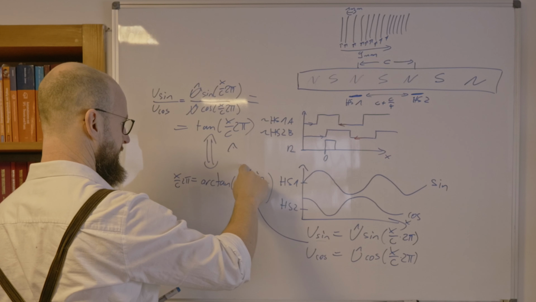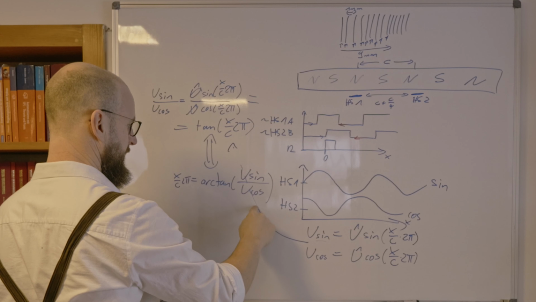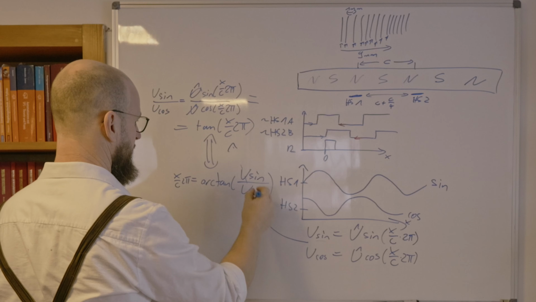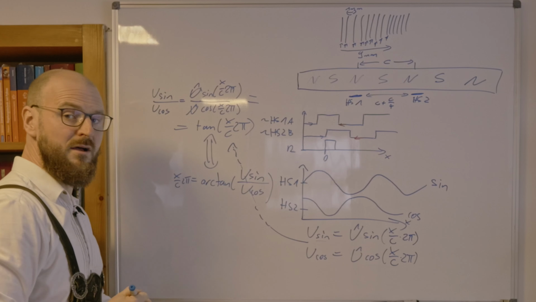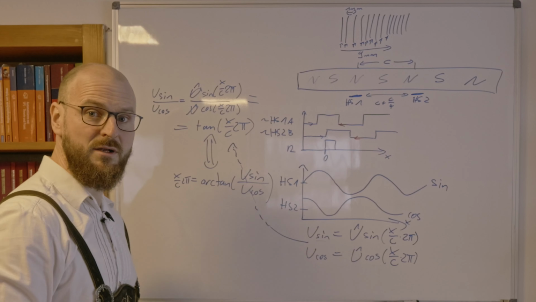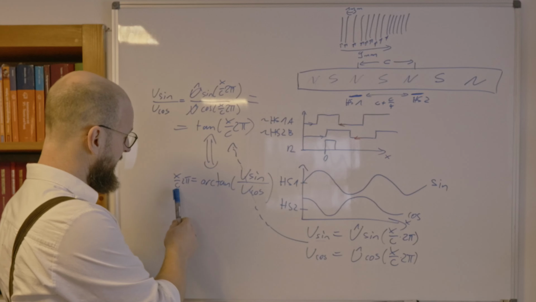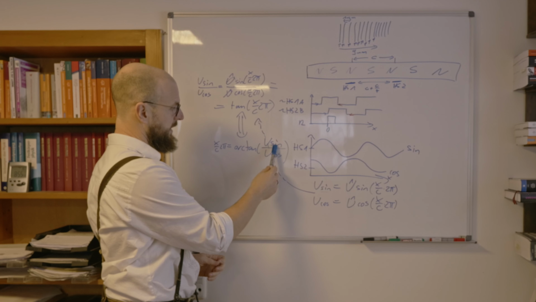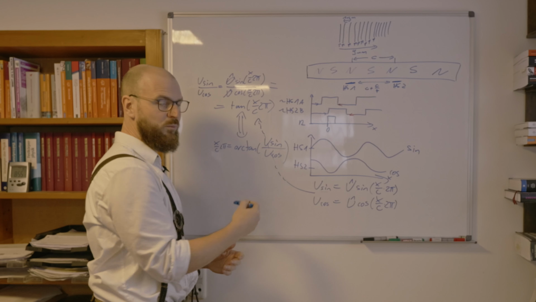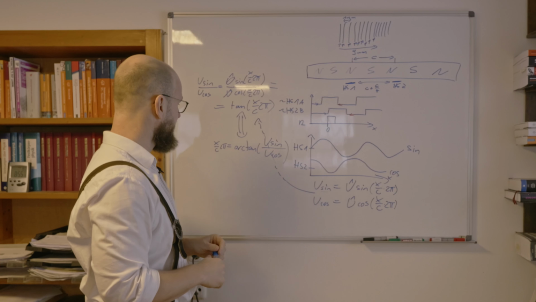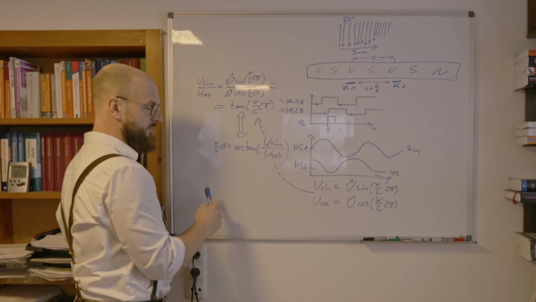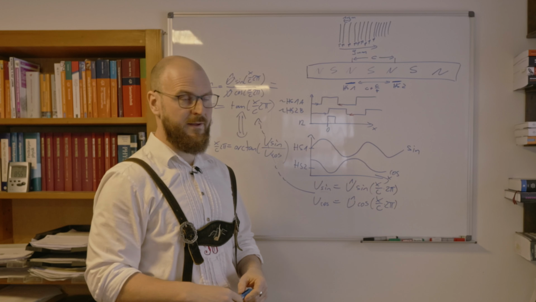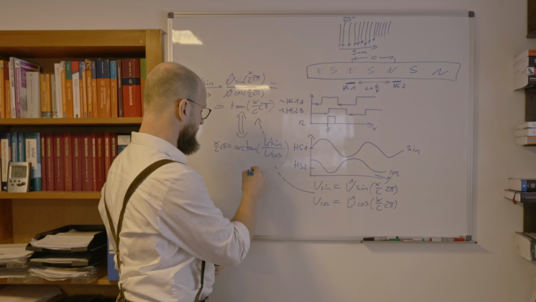And that indeed gives us access to a more detailed position, because now we can simply calculate the numerator over the denominator and build the arctangent of it, and by that get a detailed position within one period. This is called interpolation.